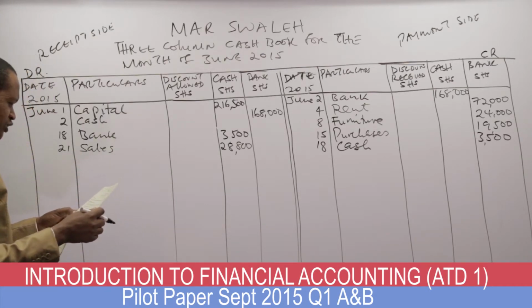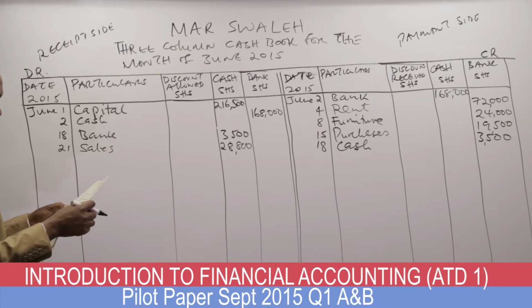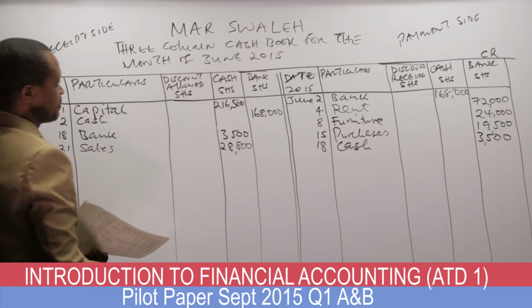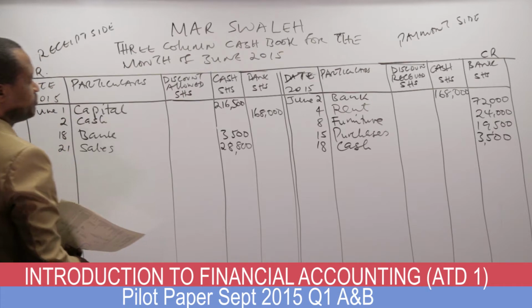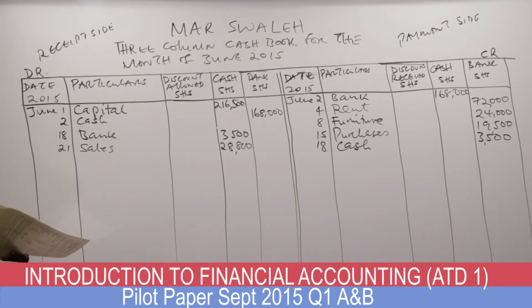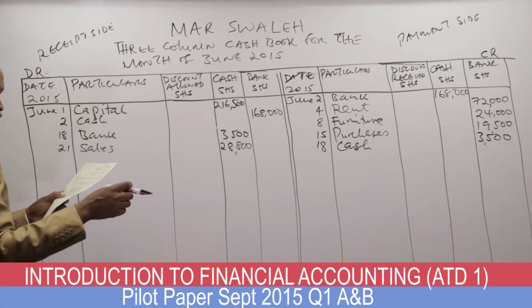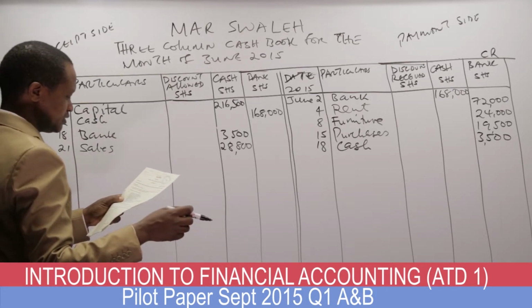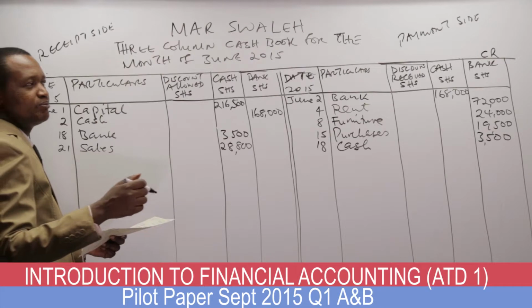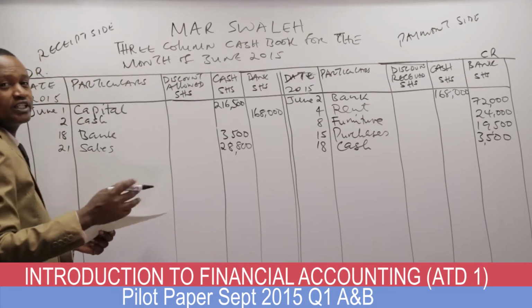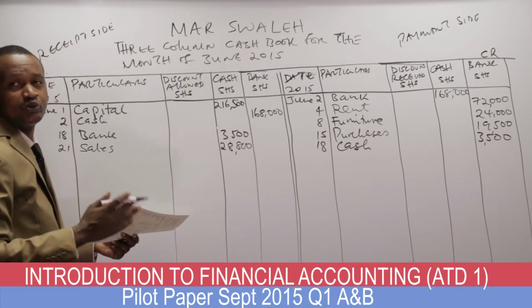On 23rd, we are told deposited into the bank 42,300. That means money was taken from the business to the bank.